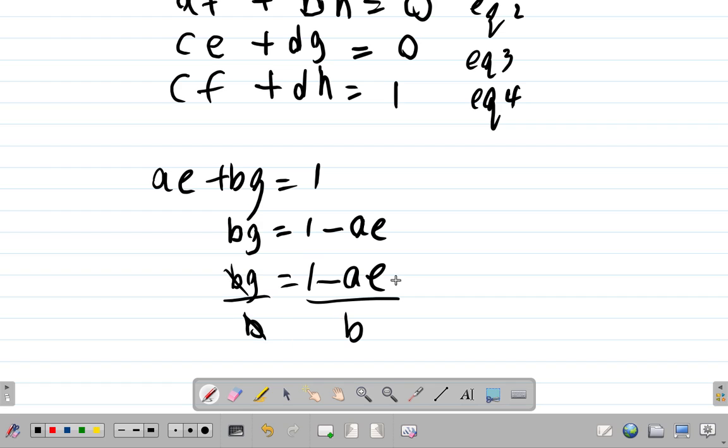So we cancel down, and we see that G is equal to 1 minus AE divided by B. You see that? Alright.